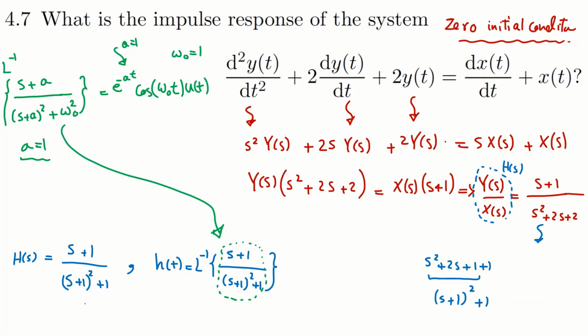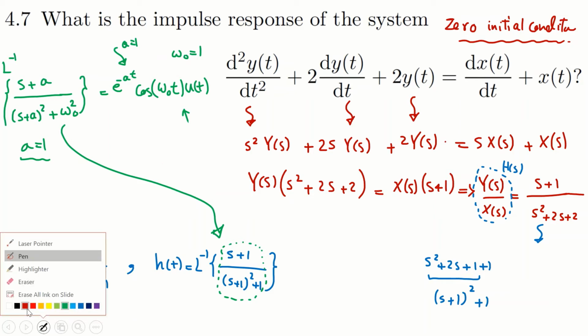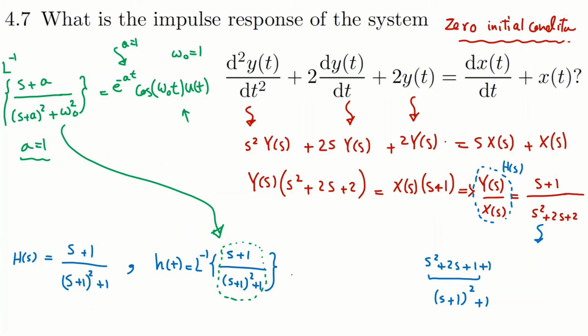So its inverse Laplace transform can be found by replacing a and omega 0 by 1. The inverse Laplace transform of this equals e to the power of minus 1 times t, that is minus t, times cosine of omega t, which is 1 times t, u of t. So that's the answer for this question.